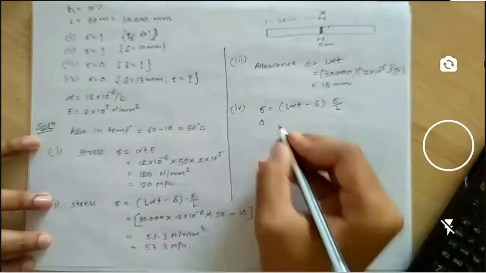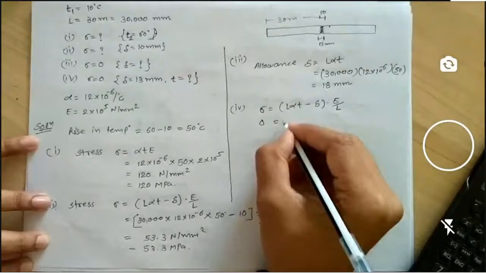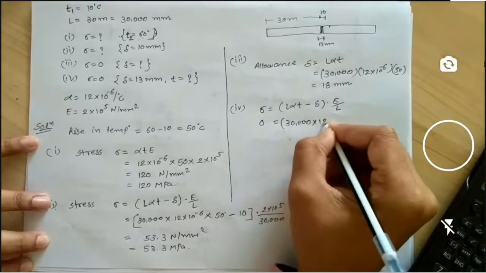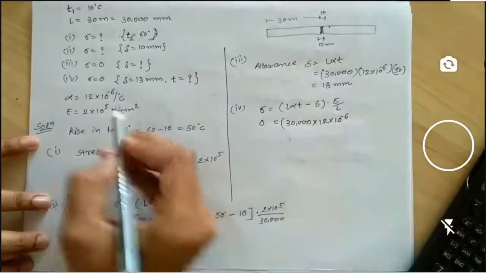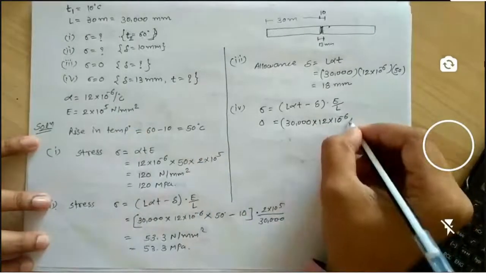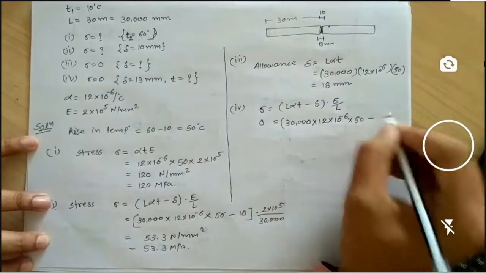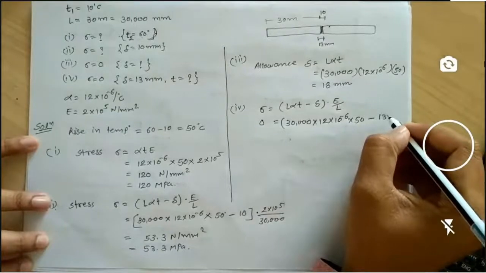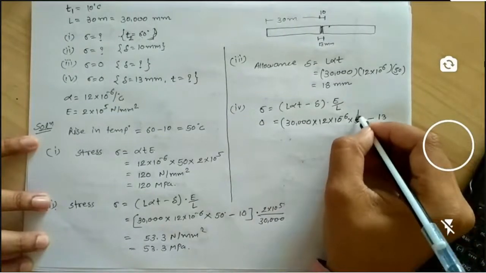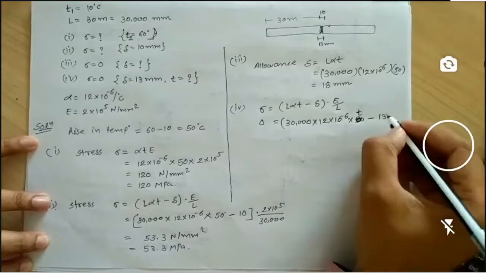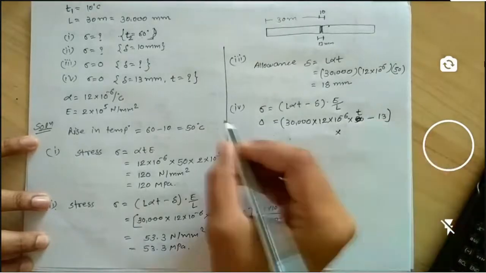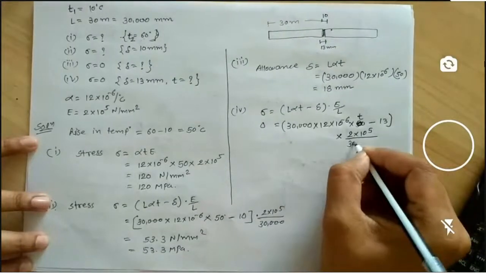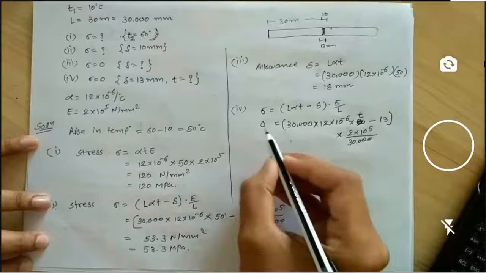Delta is given as 13 mm, L is 30,000, alpha is 12 into 10 raised to minus 6, and T, the change in temperature, minus delta, 13 mm. So here you have to find out T, so T is unknown. And E is 2 into 10 raised to 5 divided by 30,000. Here the stress is 0.